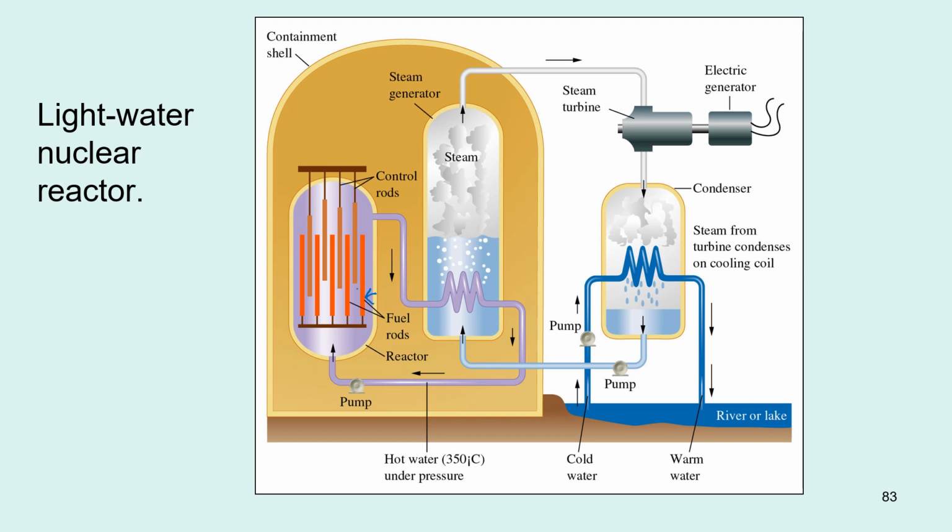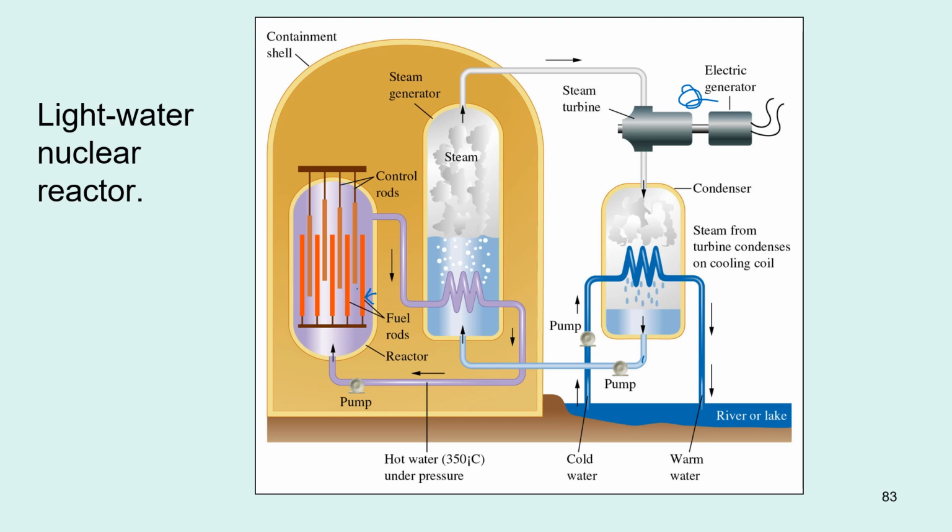Then the energy comes out and creates the steam. The steam then can move the electrical generator. The water is then condensed back down into water that pumps through, so it can continually come through.